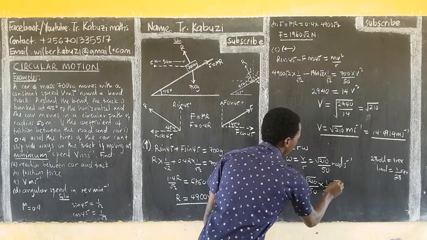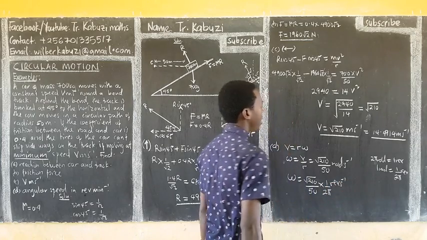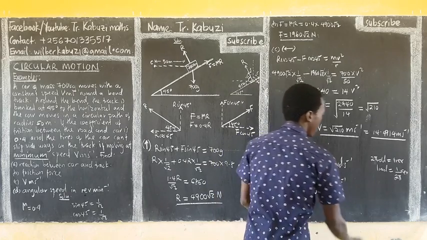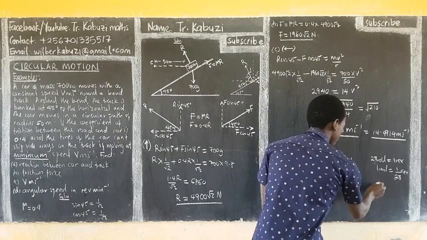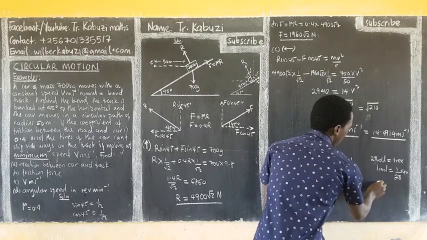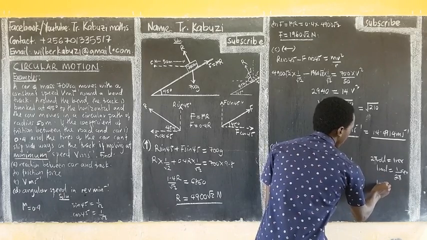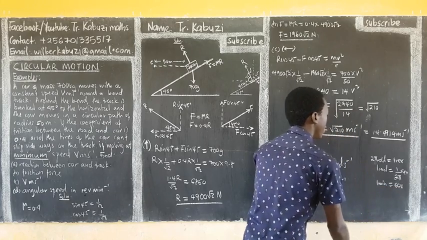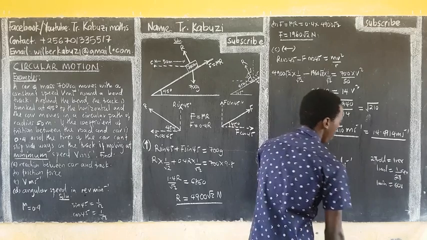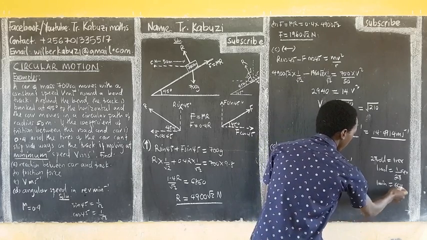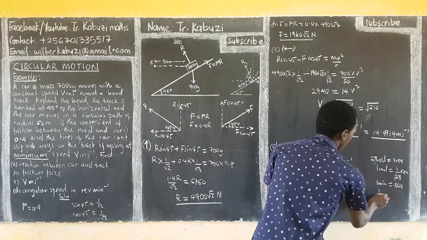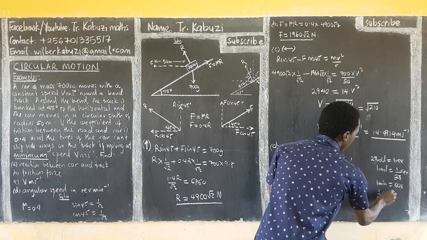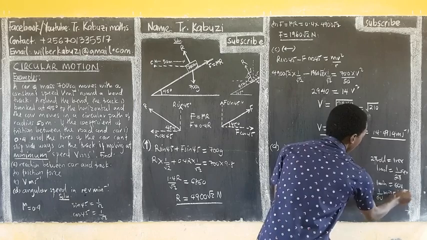Now this is the rev per second. But you know that 1 minute is equal to 60 seconds. What about per second? If we divide, we have 1 over 60 minute equal to 1 second.